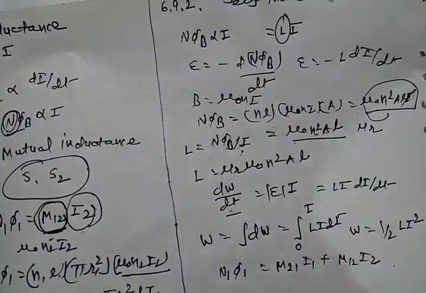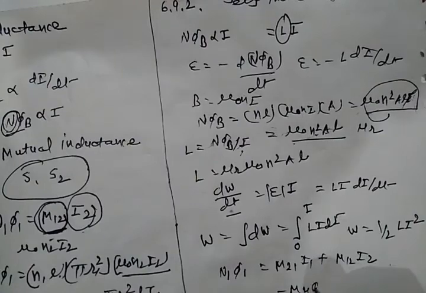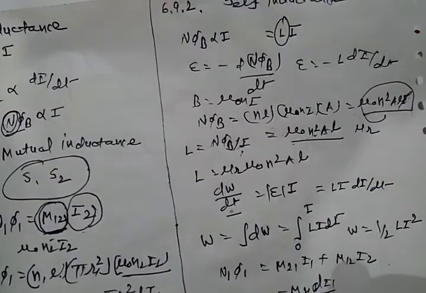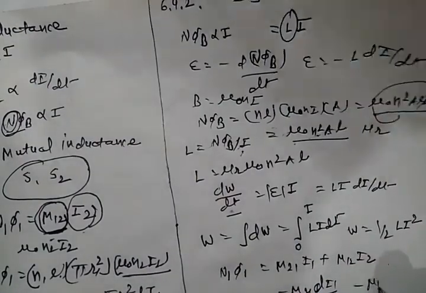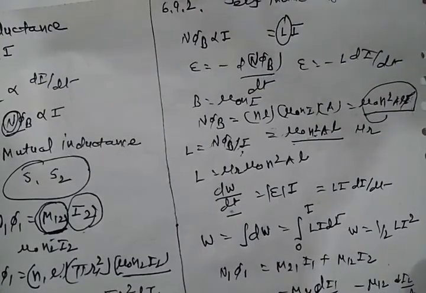Using Faraday's law, E1 is equal to minus M11 di1 upon dt minus M12 di2 upon dt.